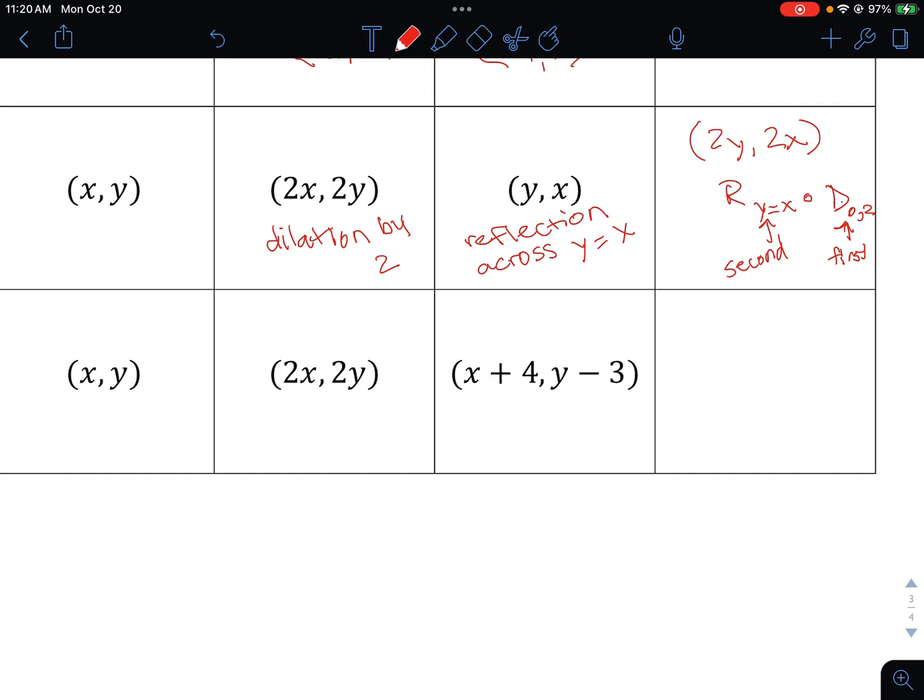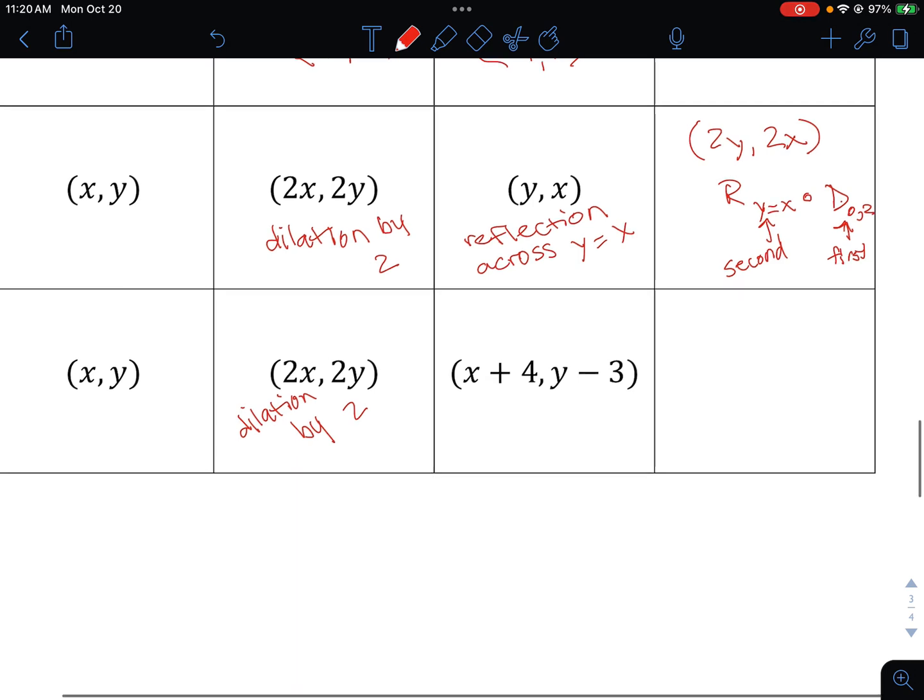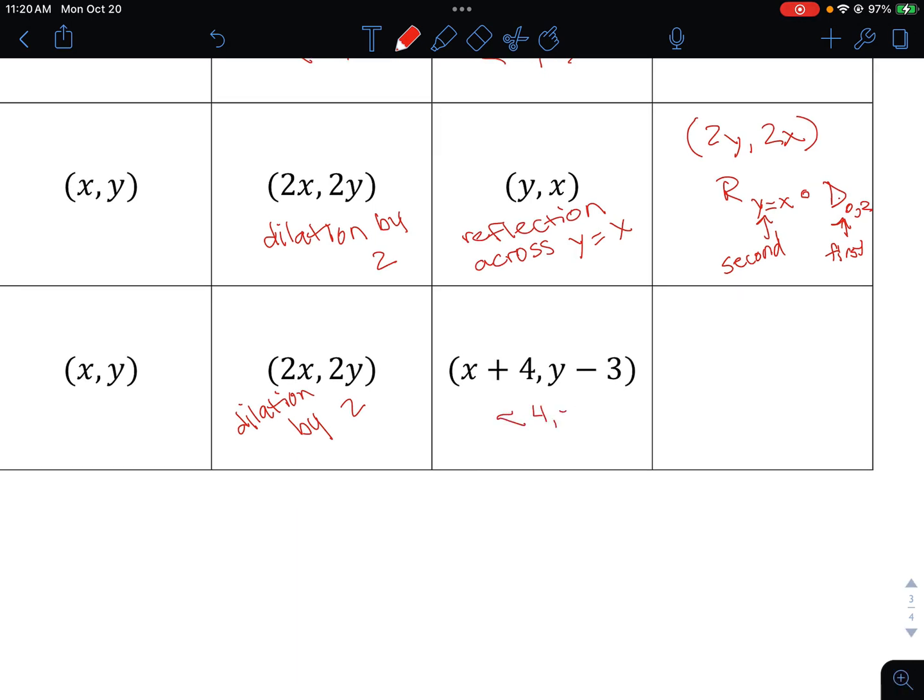Here's this last one. Okay, I do have a dilation, also by 2. And now I am combining that with a translation of 4, -3. So what I wind up with is 2x plus 4 and 2y minus 3. If I was going to write that out, we do translation... No, we wouldn't.